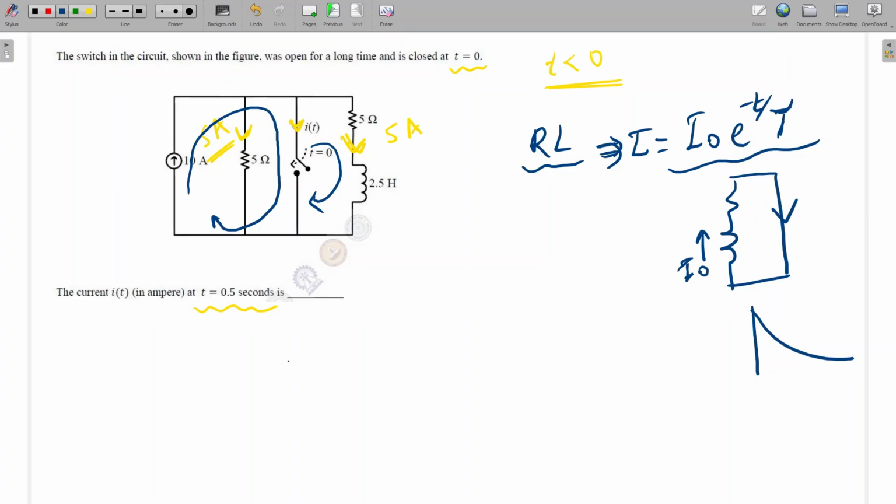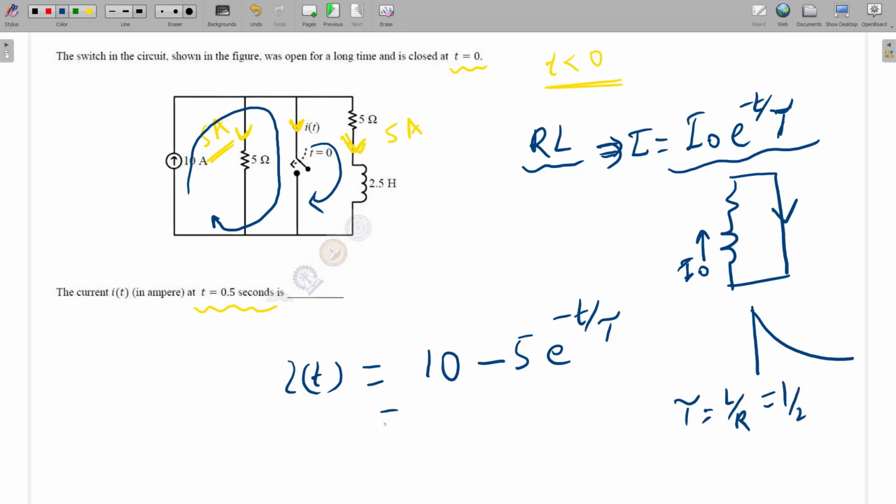So what will be the final IT? IT we can write as 10 minus 5 e to the power minus t by tau. And what is tau? Tau will be L by R, so it will be 1 by 2. So the final IT will be 10 minus 5 e to the power minus 2t. This will be the final equation of this IT.